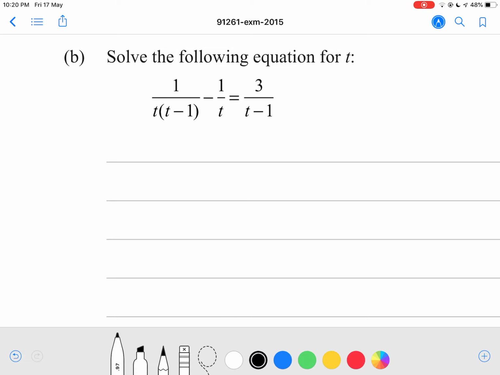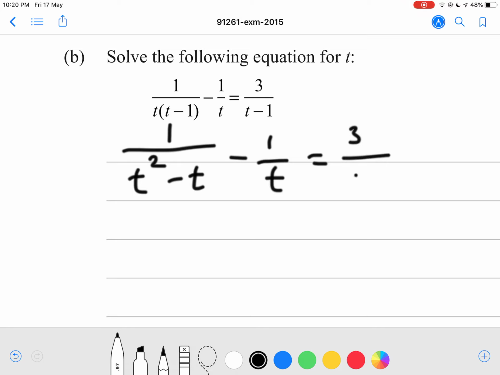So we can say t squared minus t, divided by 1, minus 1 over t, equals 3 divided by t minus 1. So basically we can try to make the denominators the same, okay?